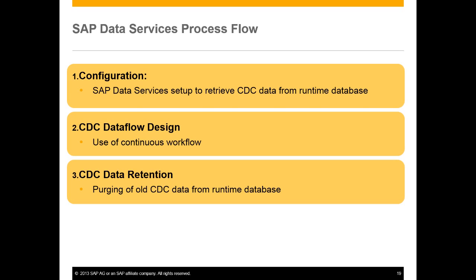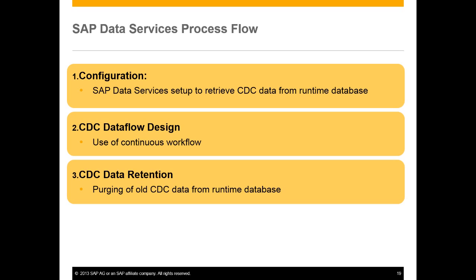The first thing is configuration. In the data services setup, you need to let data services know where to get the data, which in this case is the runtime DB that I mentioned earlier. The second thing you need to do is pick what they call the CDC data flow design, within which you have a continuous workflow.